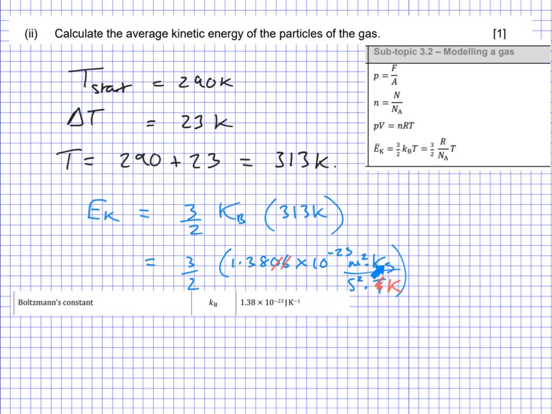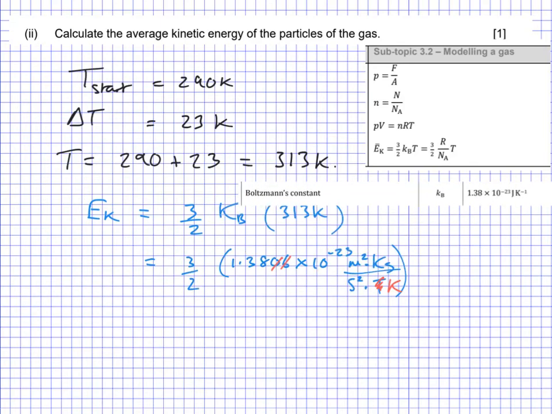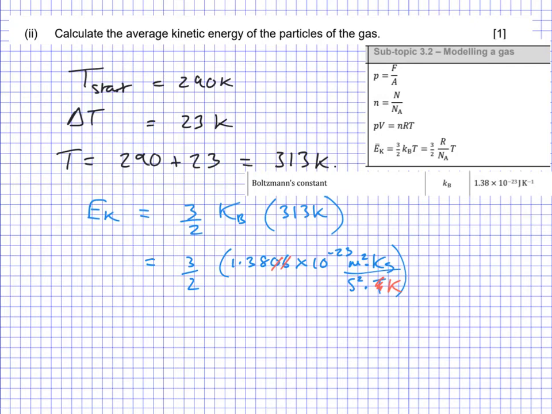This is a joule, isn't it? Kilogram meter squared over second squared. That's the joule. And so let's keep going. I'll move this up here. Of course, we need temperature, so let's put that in. So multiplied by 313 Kelvin. Let's go ahead and just cancel out these units. So Kelvin cancels with Kelvin, and there we have it.